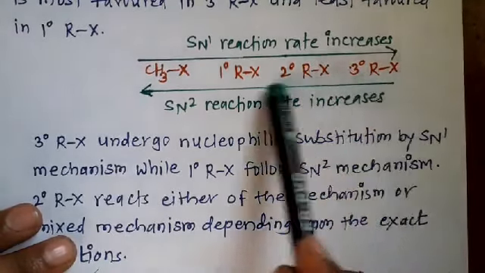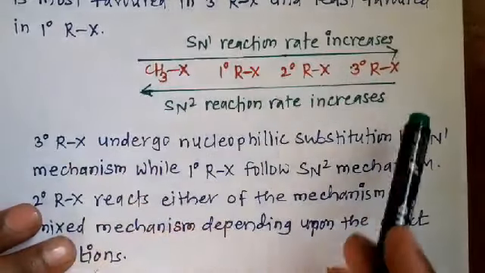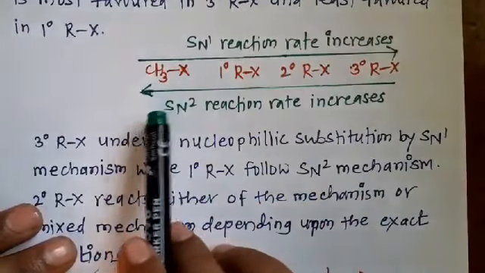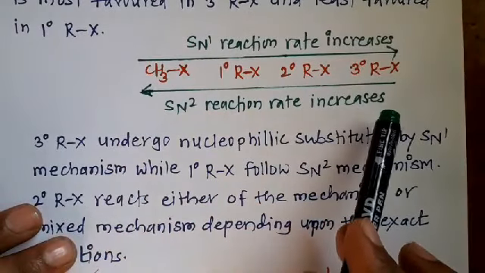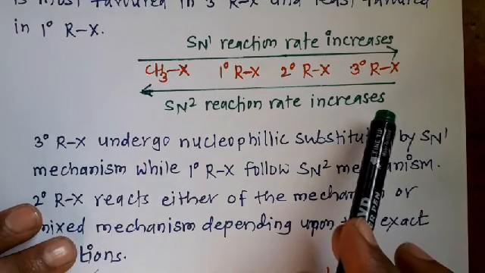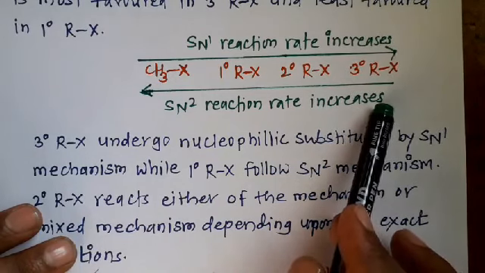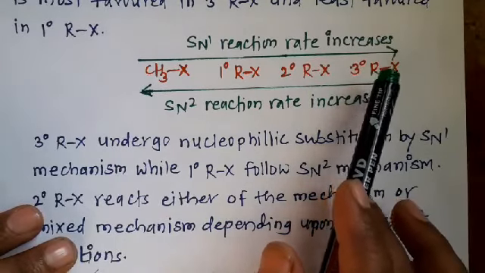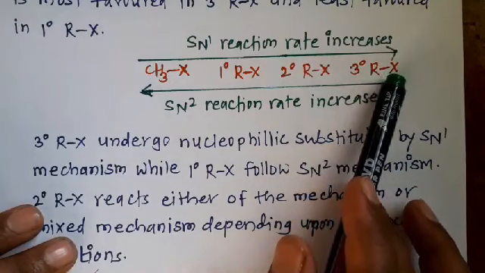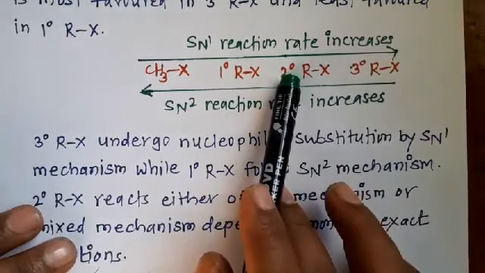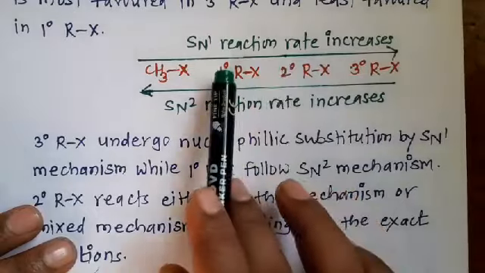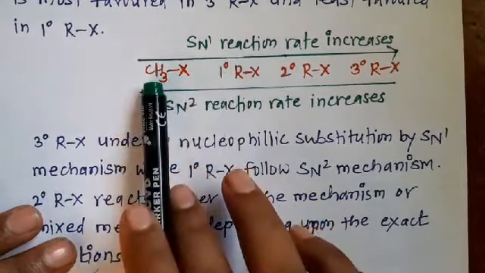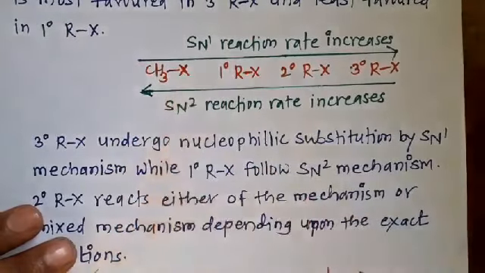But the arrow below tells us that from right to left, the SN2 reaction rate increases, meaning the SN1 reaction rate decreases. The SN2 rate is least for tertiary alkyl halide, it increases for secondary alkyl halide, also increases for primary alkyl halide, and is highest for methyl halide.